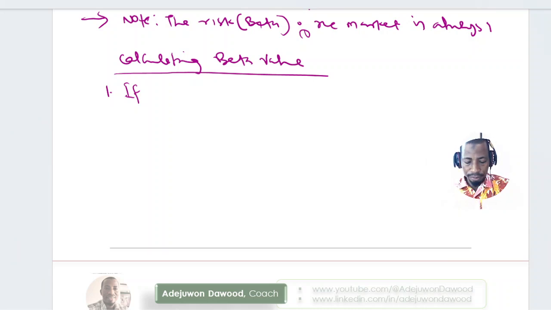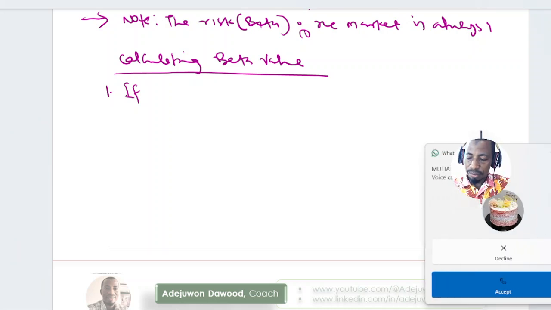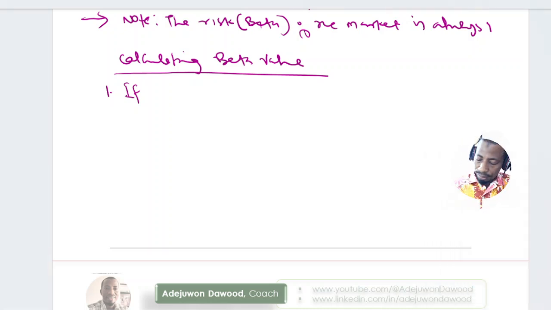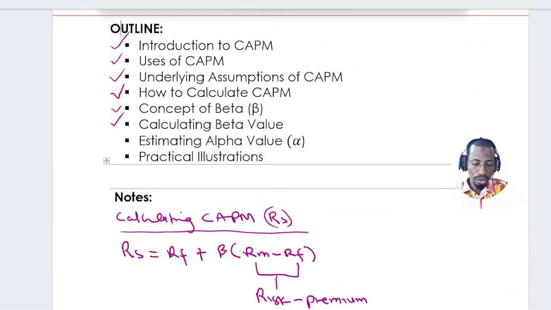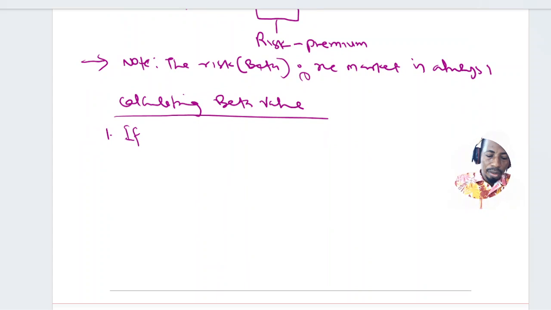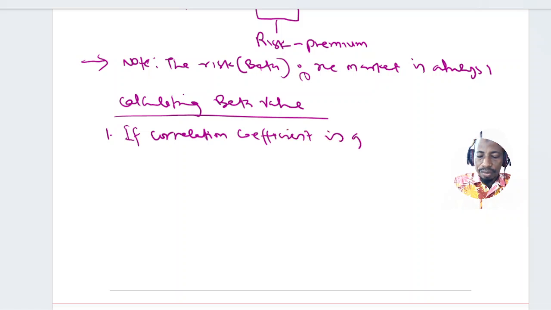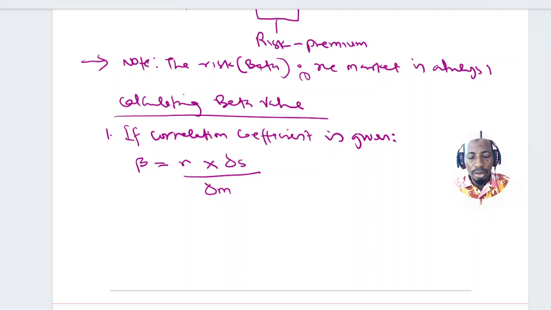Okay, if correlation coefficient is given, then beta value will be computed as correlation coefficient multiplied by the standard deviation of the security over the standard deviation of the market.